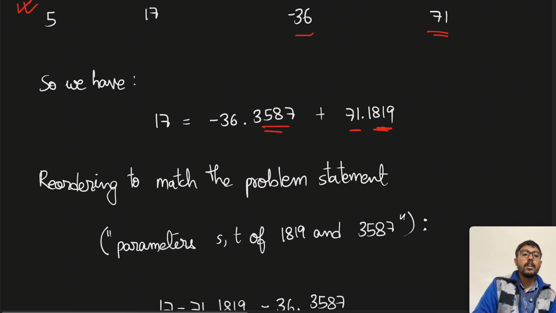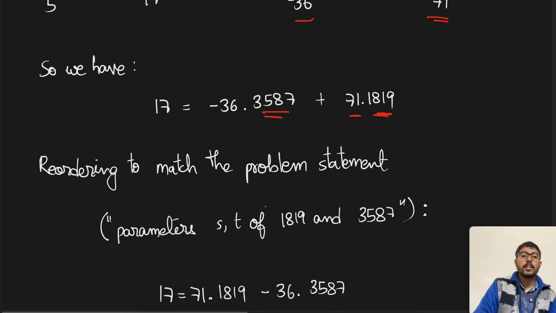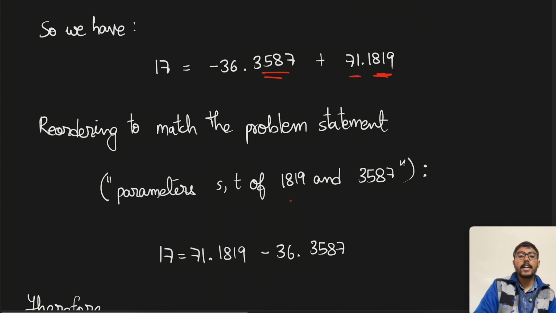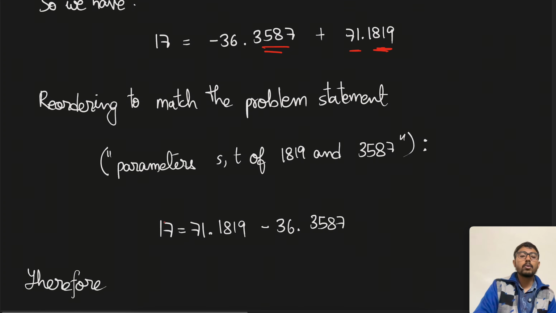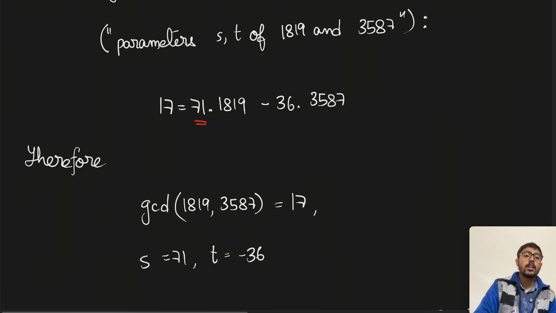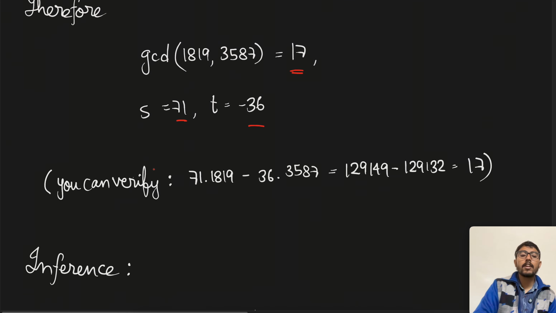So if we reorder them to match the problem statement, the parameters of 1819 and 3587, this would be 17 equals 71 times 1819 minus 36 times 3587. So therefore GCD of 1819 and 3587 is 17 and S and T are 71 and minus 36 respectively. We can also verify that using this equation.